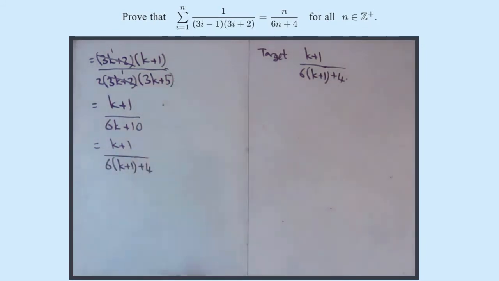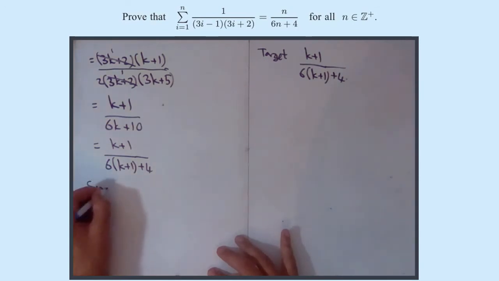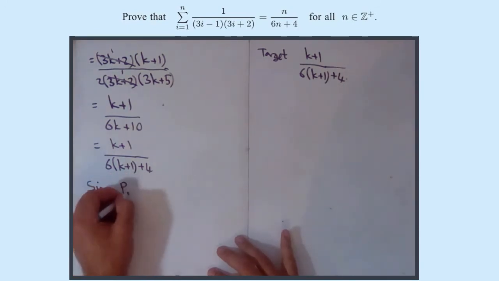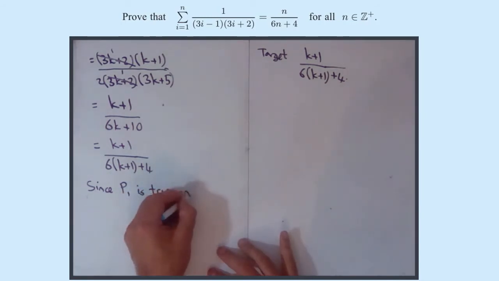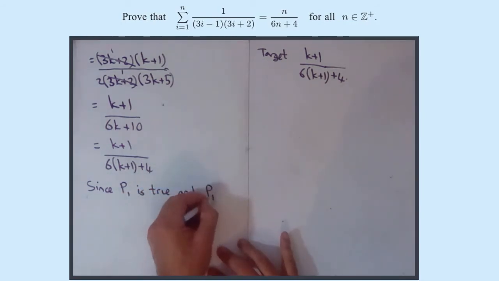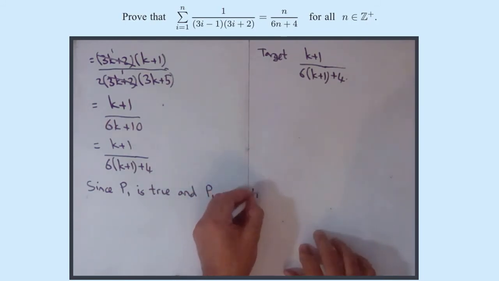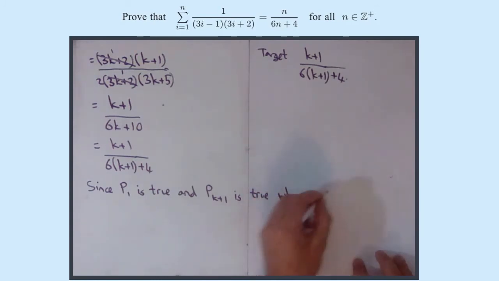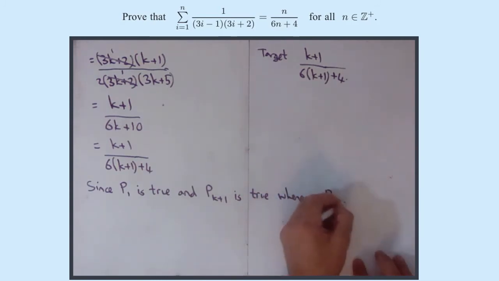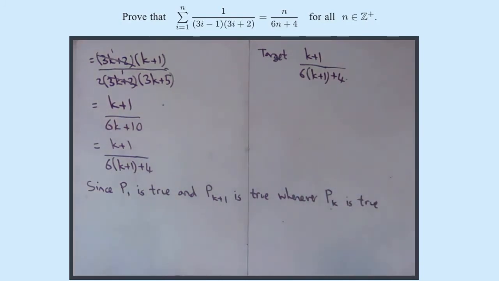So now that shows us, since P(1) is true and P(k+1) is true whenever P(k) is true, right?